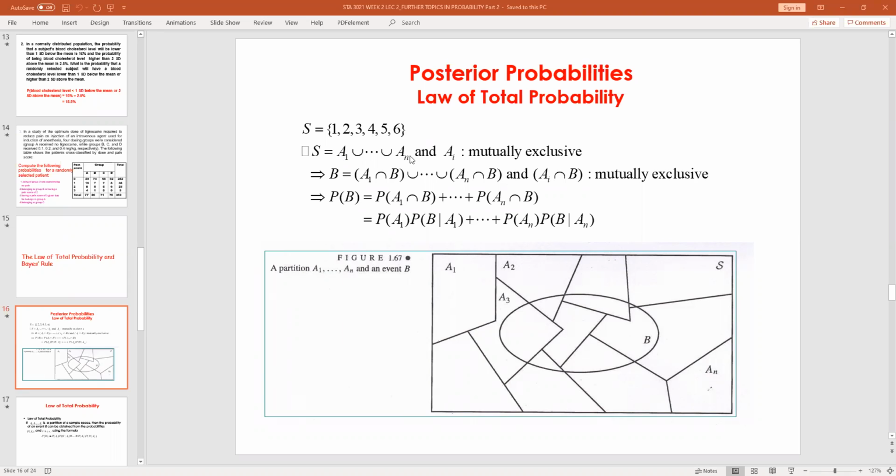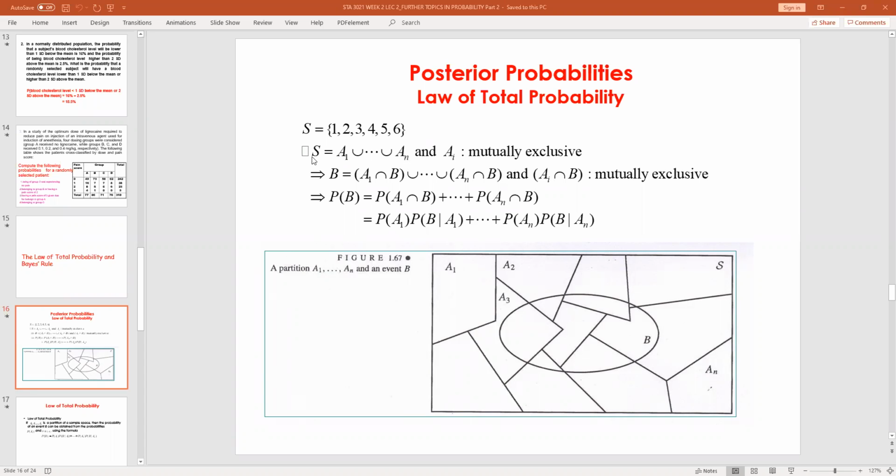Now, if you really want to understand what I'm explaining right now, I want you to look at these as classes in the University of Minnesota. A1, maybe our class. A2, another class. A3, up to AN. Those are the classes in the University of Minnesota.